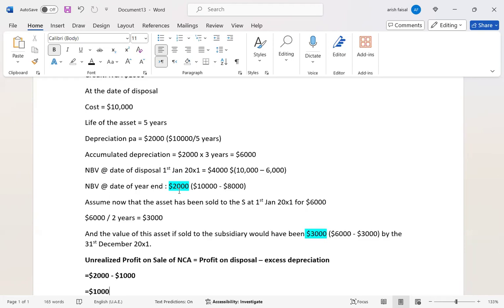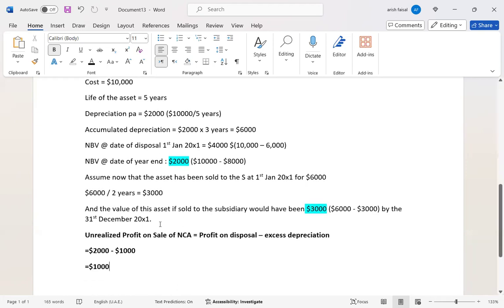But that same asset, if it has been transferred to the subsidiary, is in their books at 3,000. So we did an adjustment of 1,000. But this is actually a very short shortcut to find out the unrealized profit on the sale of non-current asset, in which you take the profit on disposal, either the parent is selling or the subsidiary is selling, and then you subtract the excess depreciation being charged on the asset.